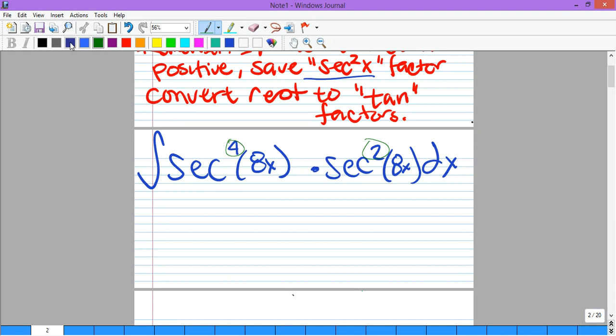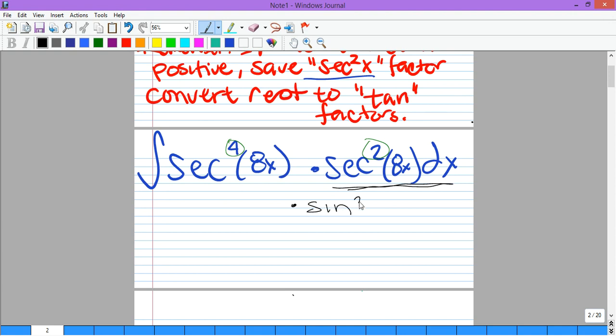So moving forward, once we have a secant squared 8x factor, which is right here, we're going to convert the rest to tangent factors. So it's important to recall the Pythagorean formulas.